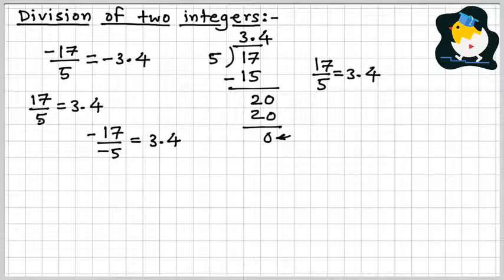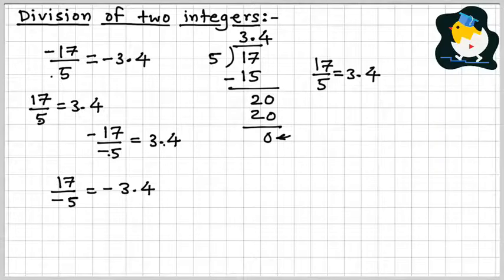Positive divided by positive is positive, negative divided by negative is also positive, but negative divided by positive is negative, and if I take 17 upon minus 5, this answer will also be negative, minus 3.4. So this is how we can deal with division of positive or negative integers. Now, in the earlier video also I have told, also remember, you cannot divide by 0. If you divide a number by 0, the answer is not defined.